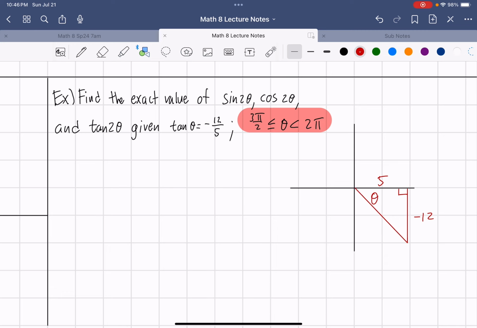And, of course, we can use our Pythagorean identity to find our hypotenuse, right?